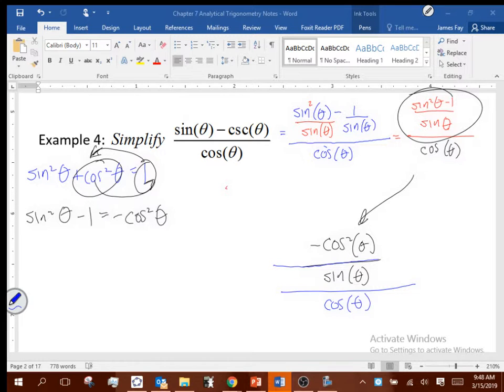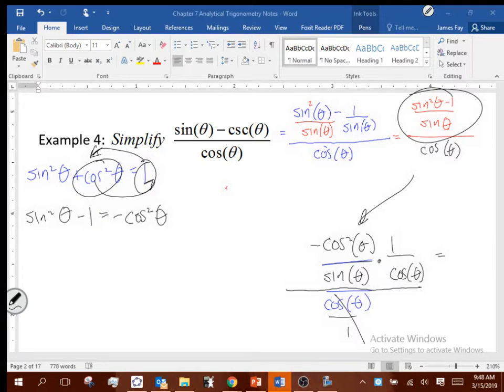I want to make sure we understand that this bottom fraction is cosine theta over 1. Now, how do I take a fraction and divide it by a fraction? Multiply by the reciprocal. So I'm going to take 1 over cosine theta.